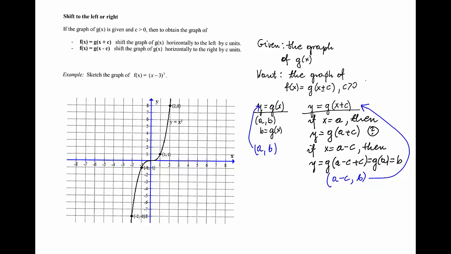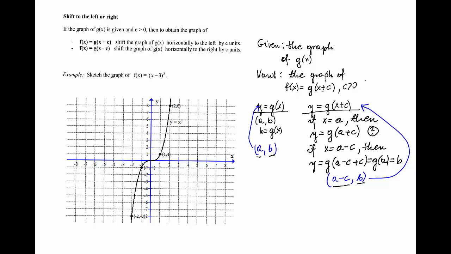Now what is the relation between those 2 points? Notice that the y coordinates are the same. Now the x coordinate a minus c is c units smaller than the x coordinate of the point on the graph of g of x.